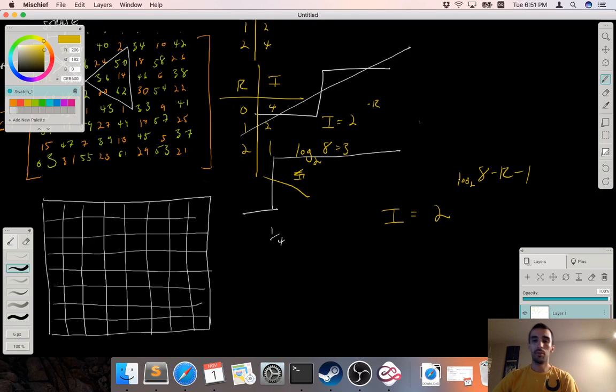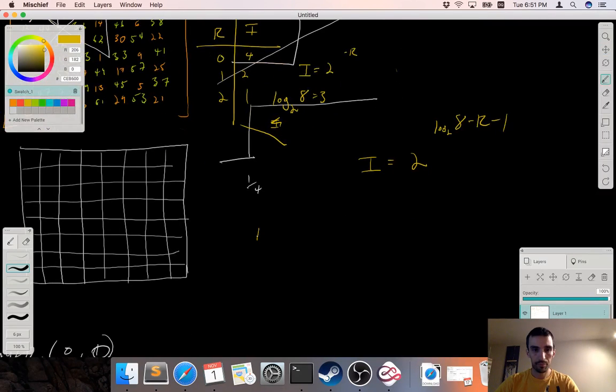So this looks crazy, but all it is doing is making it so that instead of going 0, 1, 2. Now let's see what log base 2 of 8 minus r minus 1 is.